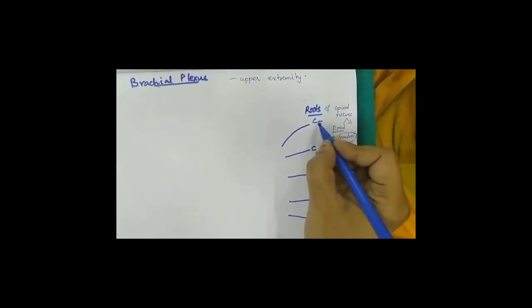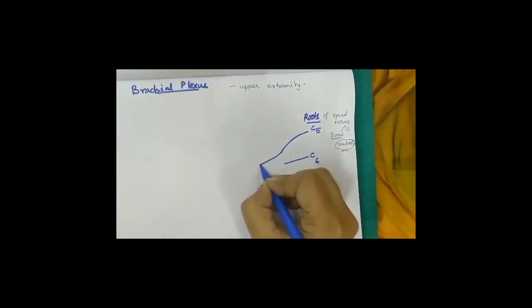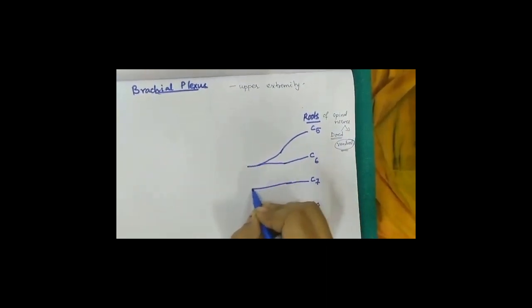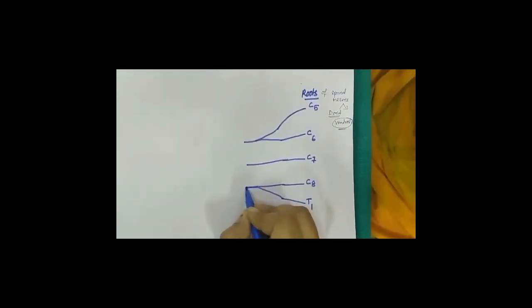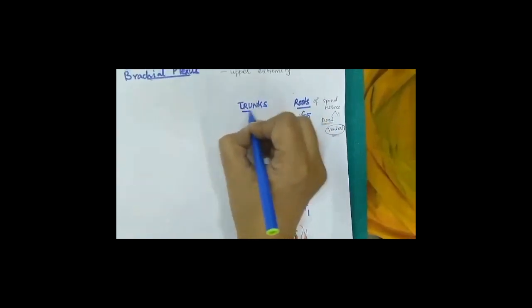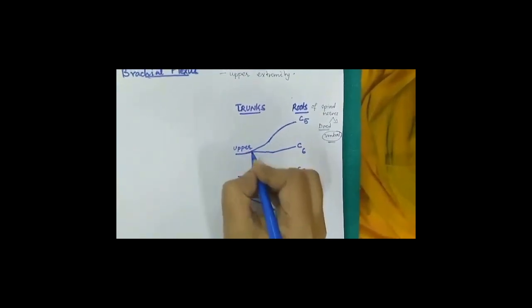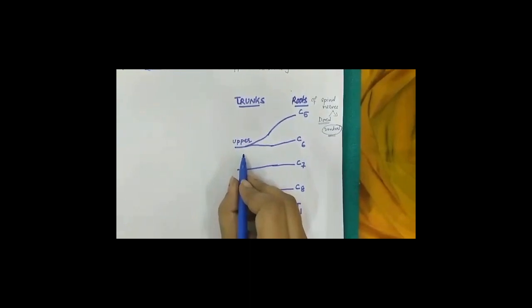Now first, C5 and C6 roots join, C7 continues, C8 and T1 also join, and they form the trunks. So we have upper trunk formed by joining of roots of C5 and C6.